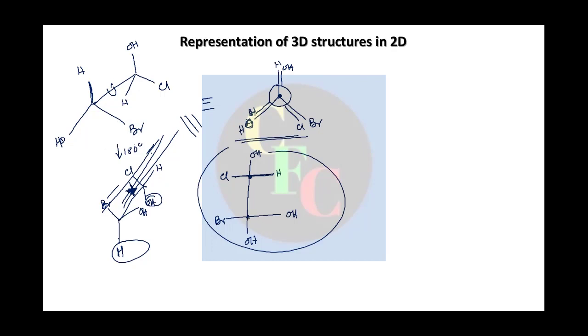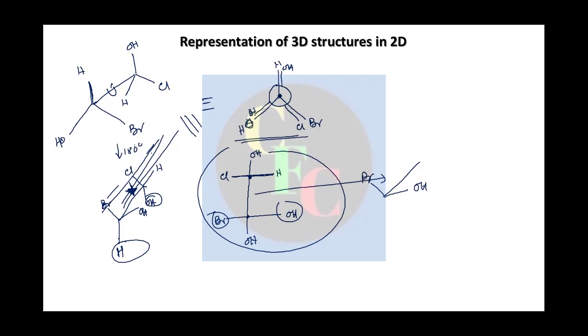Now if someone gives you this one, how can you convert it to Sawhorse? Now whenever there is a Fischer, it is always in eclipsed position, right? So you convert it the same, you draw this here like this, these two are towards you, so it will be Br and OH.